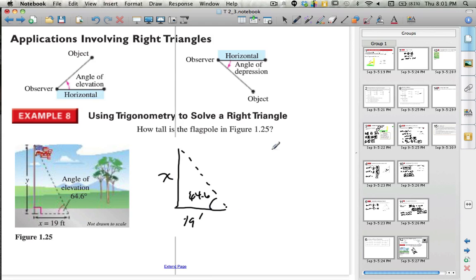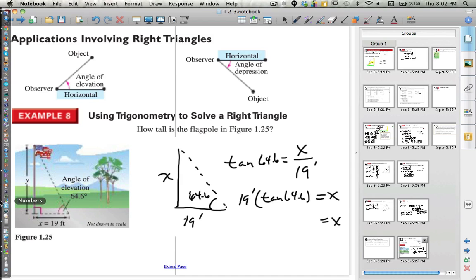Well, opposite over adjacent, x over 19 feet, would be equal to the tangent of 64.6, right? Because tangent is opposite over adjacent. Now I want to solve for x, so if I multiply both sides by 19, I have 19 feet times the tangent of 64.6 will equal x.